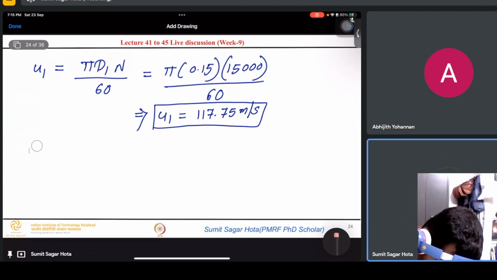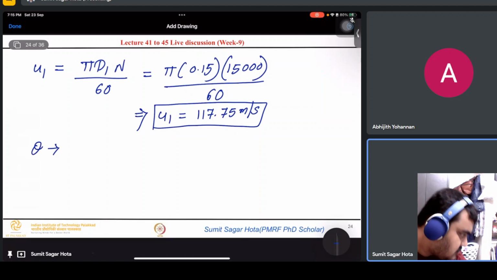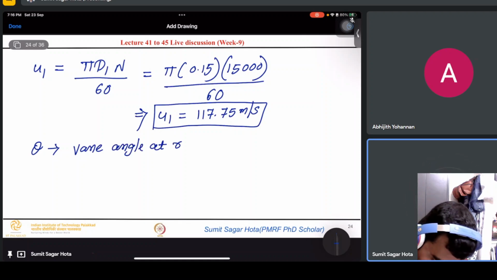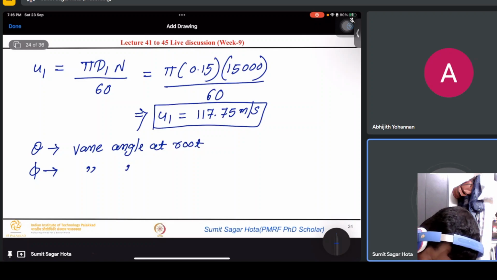So what is theta? Theta is the vane angle at root, and phi is the vane angle at eye.